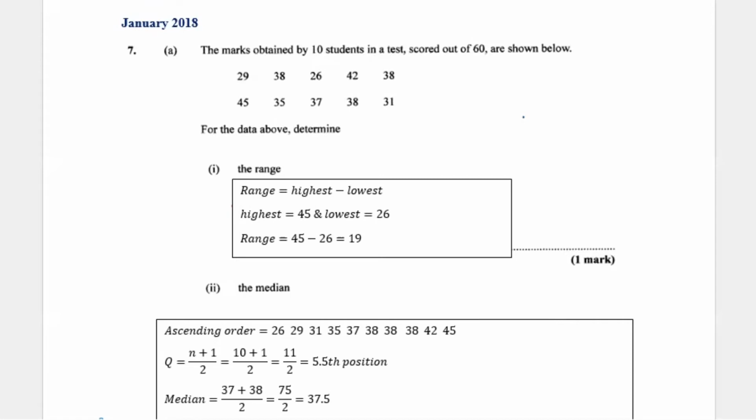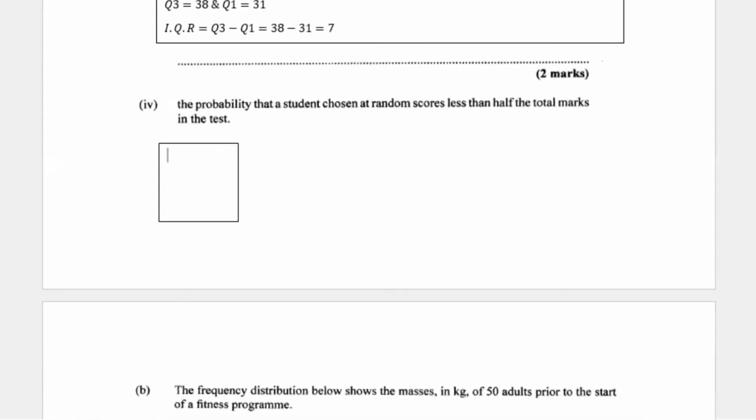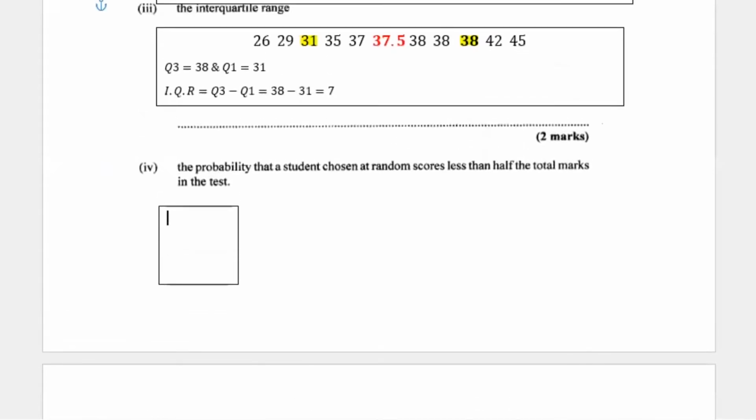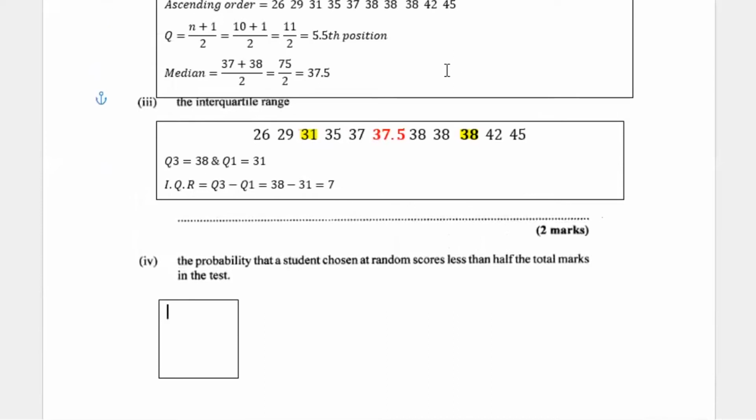So the maximum marks on this test is 60. The question says the probability that a student chosen at random scores less than half the total marks in the test. So let's take back our numbers here in the same ascending order so it is easier to analyze.